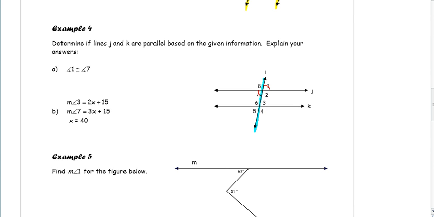We're trying to show that J and K are parallel, but we only have angles in this location. K is not involved at all, so we can't say that those two angles are congruent. So we would say no, vertical angles don't prove lines parallel.